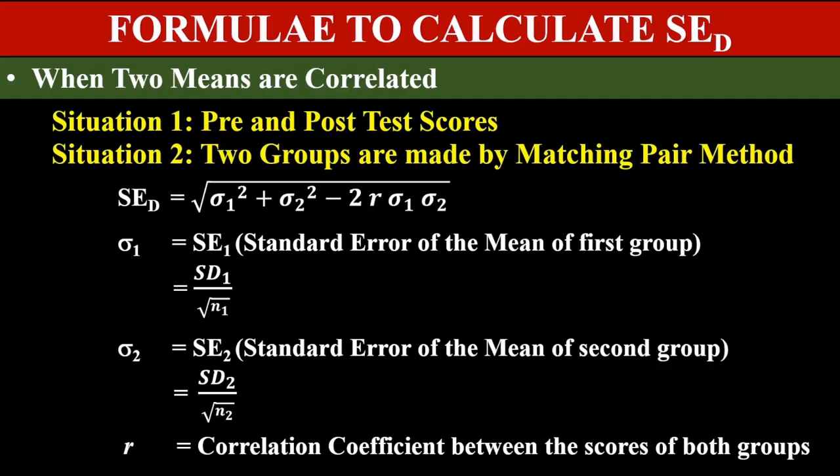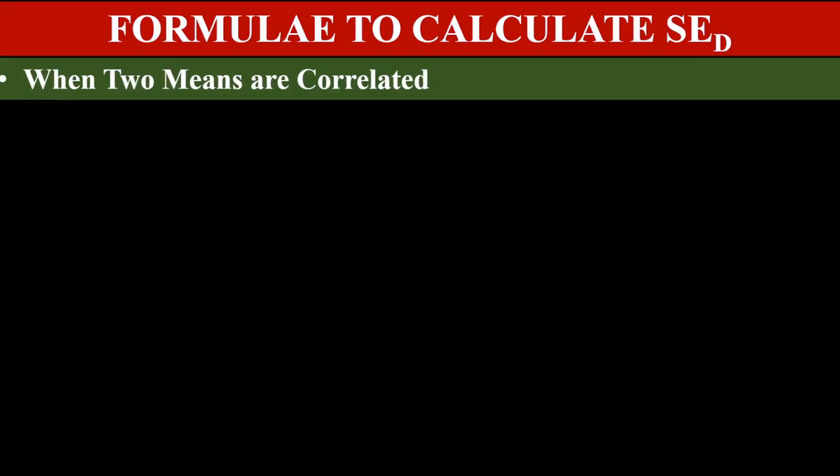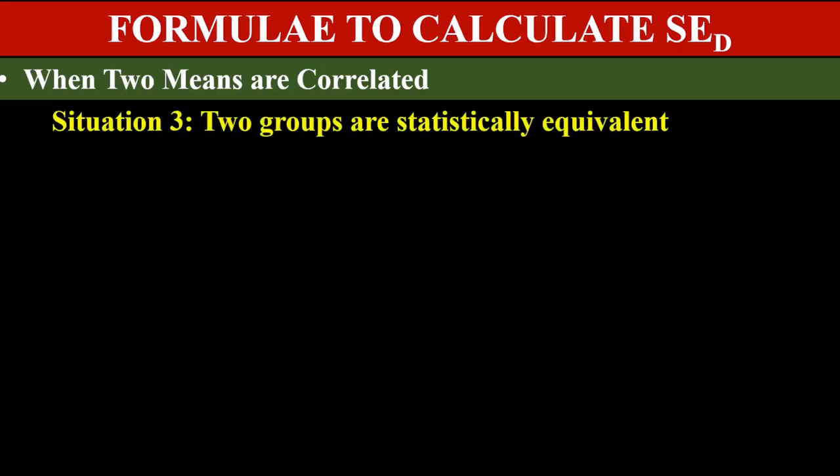Now the third situation for two correlated means is when two groups are statistically equivalent. If two groups are taken, they are not taken randomly, but both are made equivalent by using some statistical technique, then the means obtained from such two groups will be called correlated means.